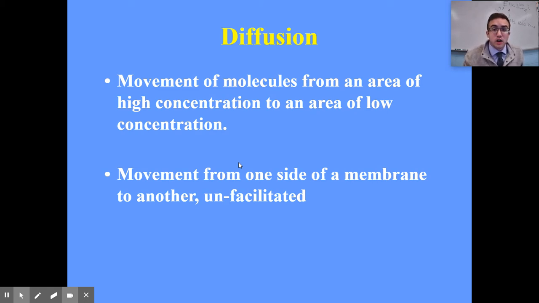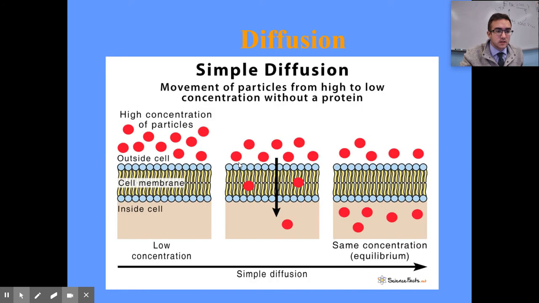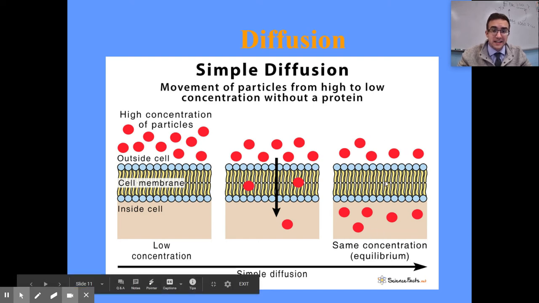And it can occur through the membrane. So we have a high concentration of these red particles outside the cell. These red particles are going to diffuse through the phospholipid bilayer, through the cell membrane, until we get the same concentration, until we reach equilibrium, right?